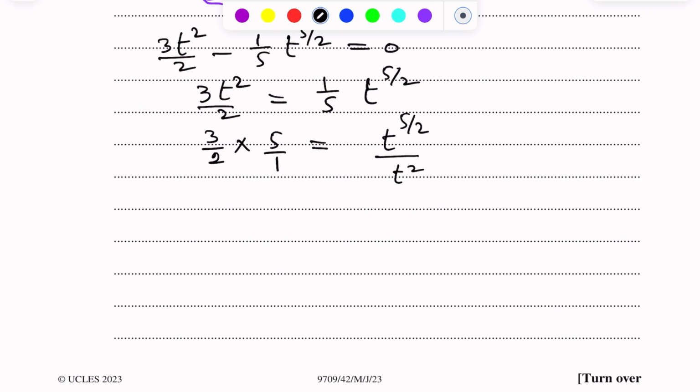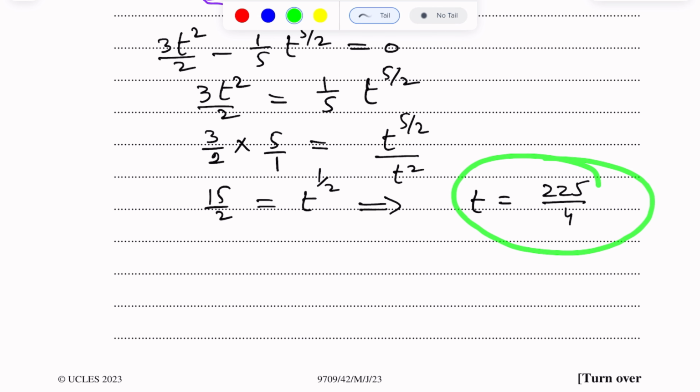Now simplifying, we get 15 over 2 is equal to t power 1 over 2. Taking square on each side we get t is equal to 225 over 4 seconds. Now at this instant, 225 over 4, we will find the speed.